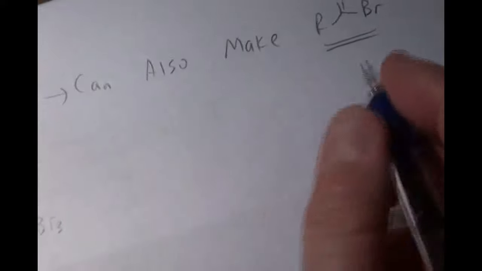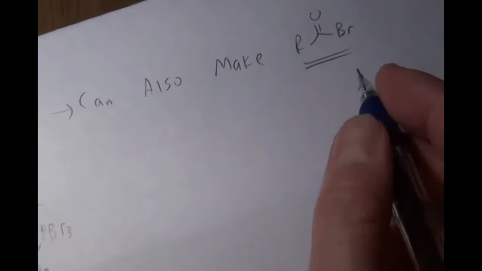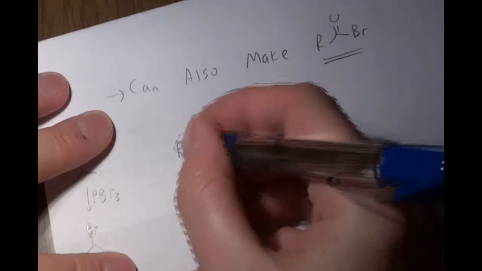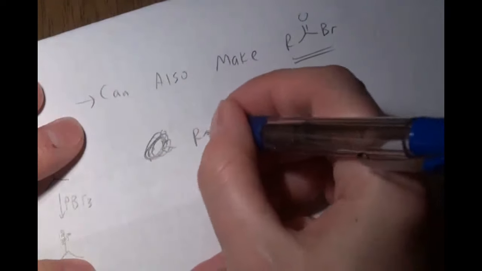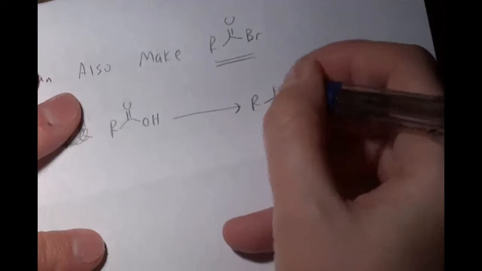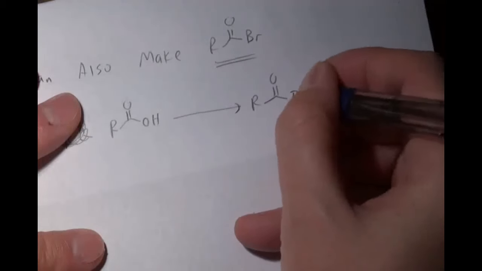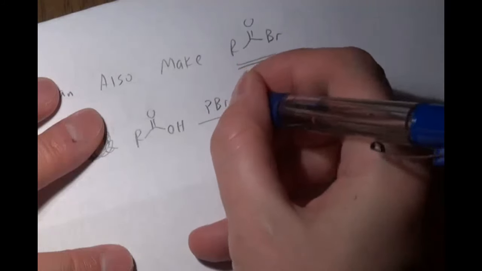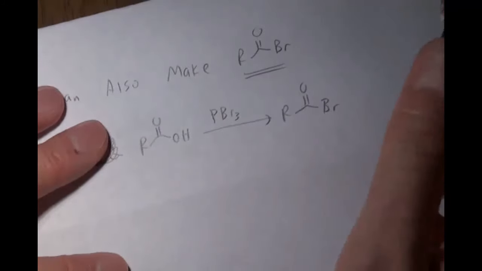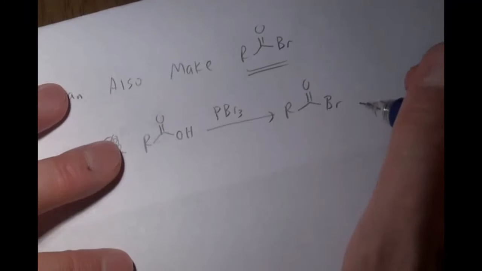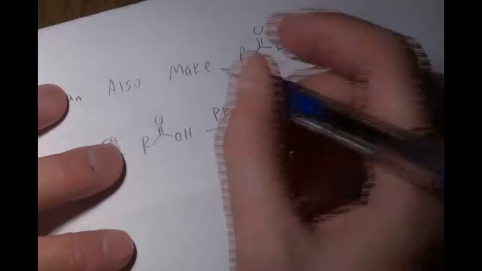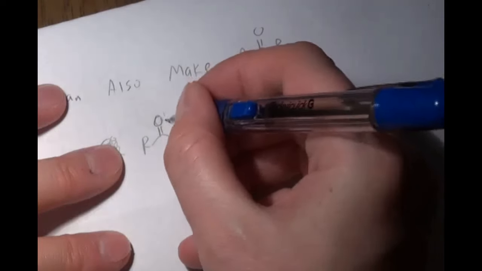PBr3. So how do you think we make an acid bromide from a carboxylic acid? Also from PBr3. And it's going to be a very similar type of mechanism to what we just did for thionyl chloride. So I'll do this one quickly.